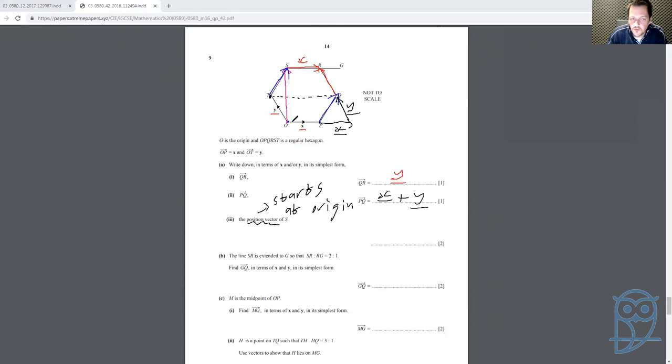So therefore, we do exactly the same method. I change my color to what I wanted. There we go. So it's going to be y plus x plus y, which is therefore x plus 2y.